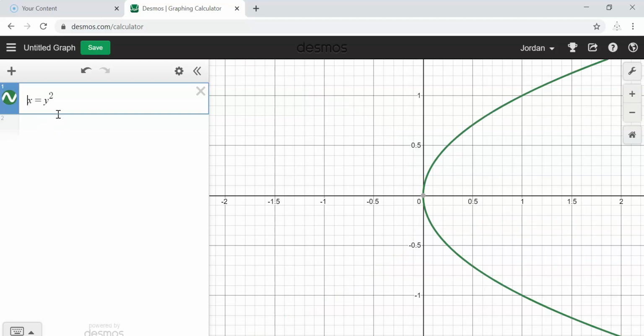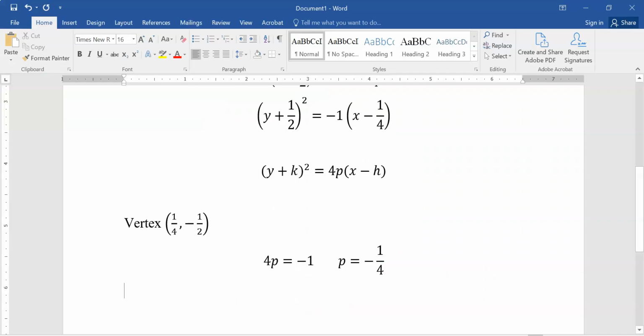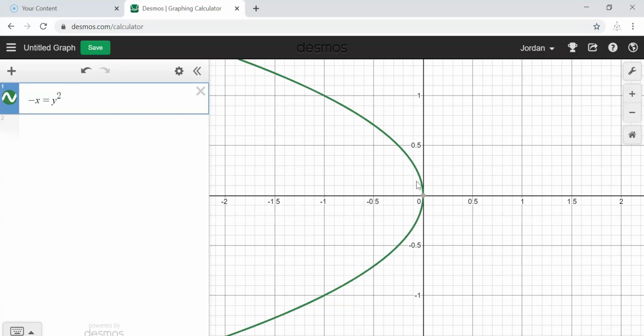It should be pretty clear to you, hopefully, that this equation is going to be similar to y squared equals -x. So we're getting the y squared equals -x version. So we're getting a parabola that's pointed to the left.